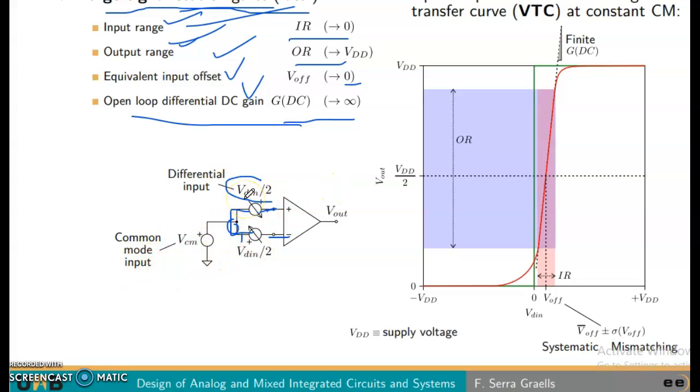VCM is connected to both of these inputs, with VDN divided by 2, half of it, connected through the differential input. Then V out.